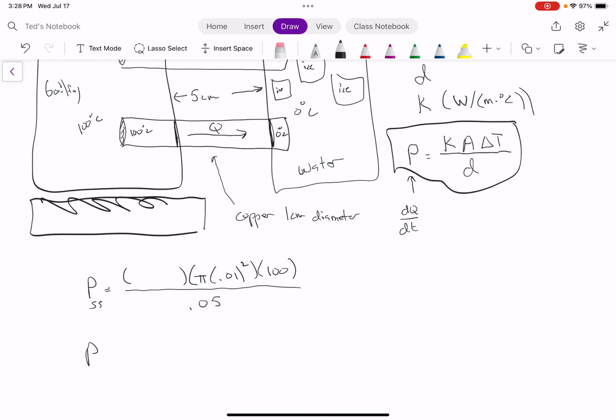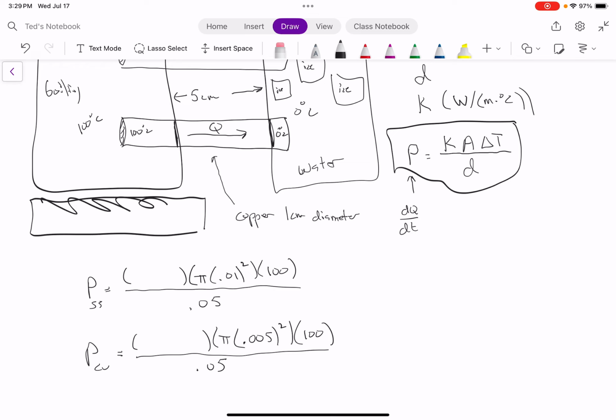Likewise, power for the copper is going to be whatever the thermal conductivity is, times pi times, again, the copper now has a 1 centimeter diameter, so the radius is 0.005 meters squared, times 100 degrees divided by 0.05.